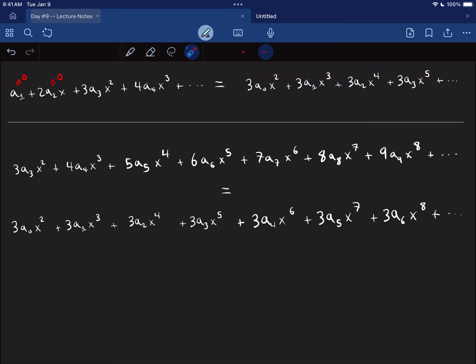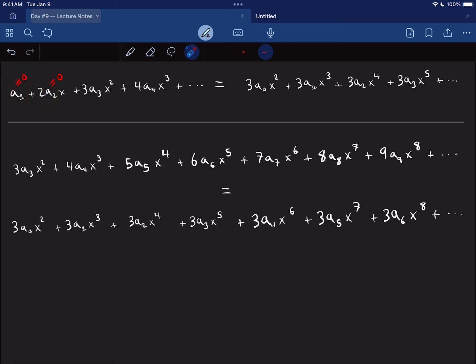So looking at this, we are going to notice this pattern. It's sort of a waterfall effect. So we know that a1 and a2 are 0. Let's just start with a1. If a1 is equal to 0, that term goes away. It's gone because a1 is 0. So I don't have that term.